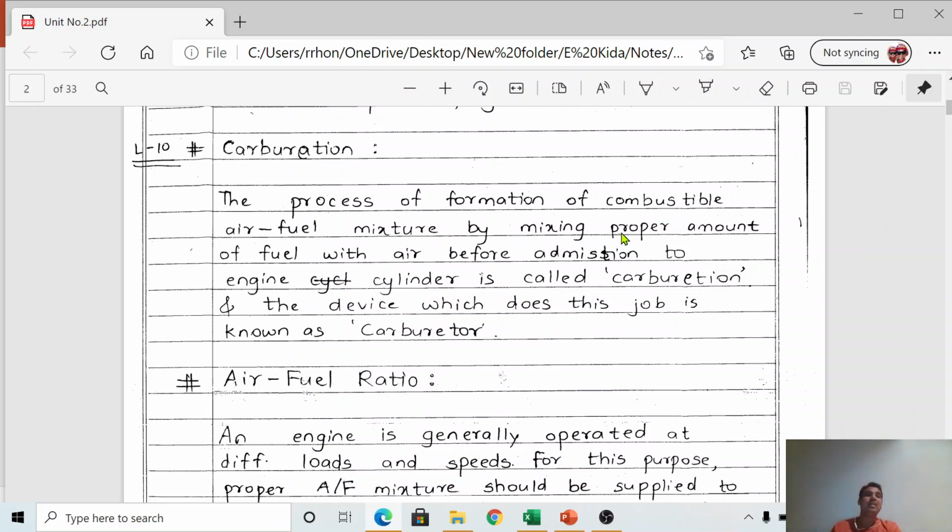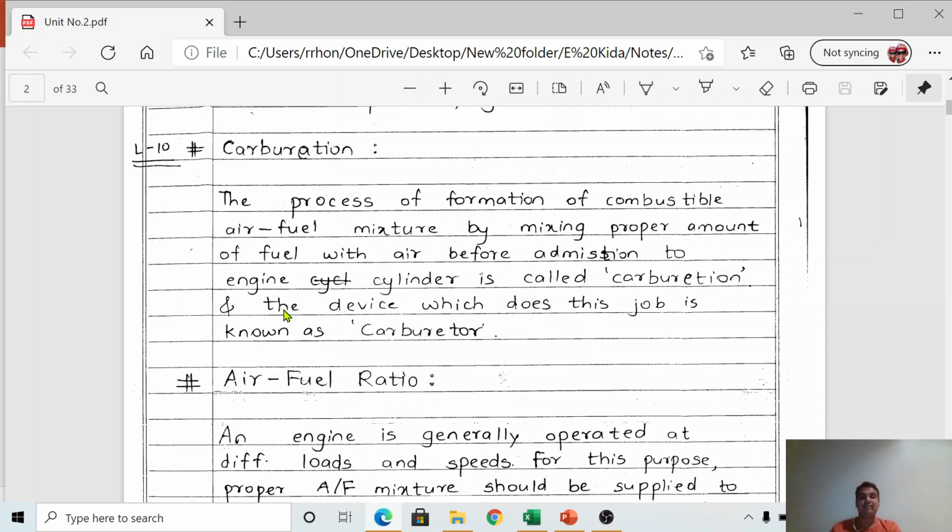By mixing a proper amount of fuel with a proper amount of air before admission to the engine cylinder. That is very important. Means before the suction stroke, this mixing should be done, and that process is called the process of carburation.